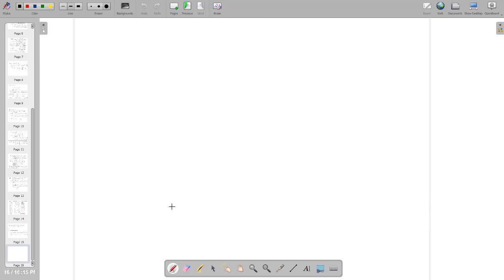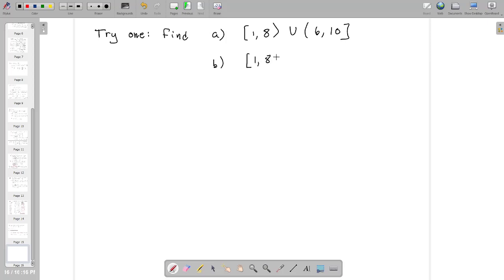Now I want you to try one on your own. On the accompanying worksheet, try this problem. Find A, 1, 3, 1, 8, union 6, 10. And B, 1, 8, intersect 6, 10.